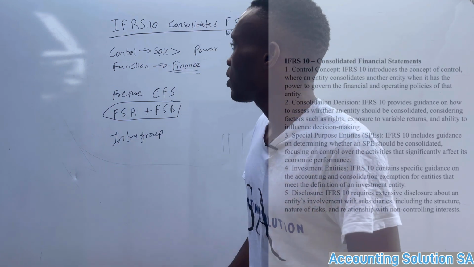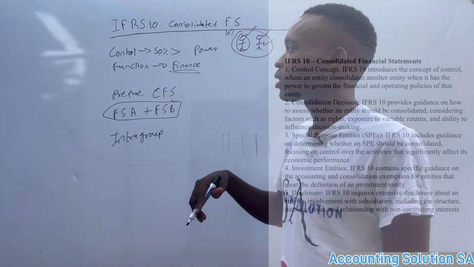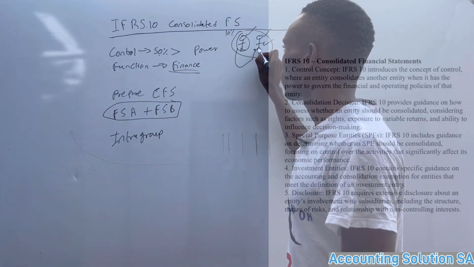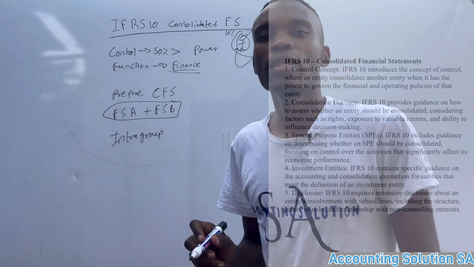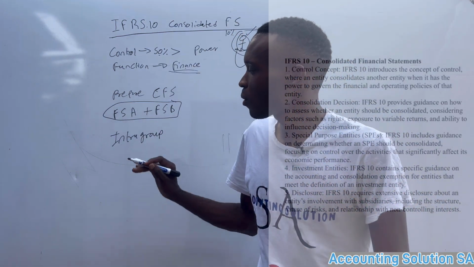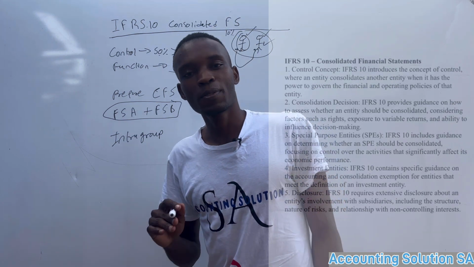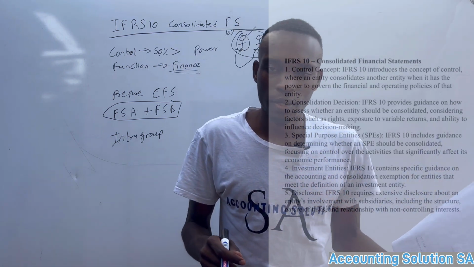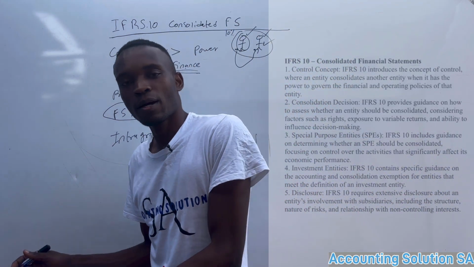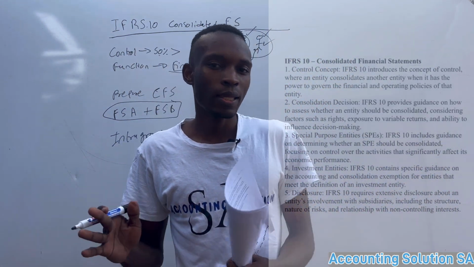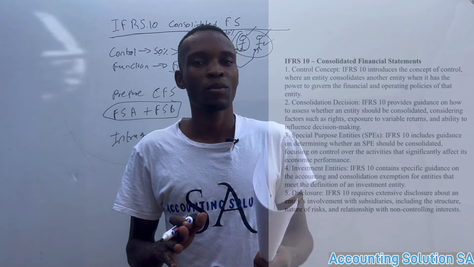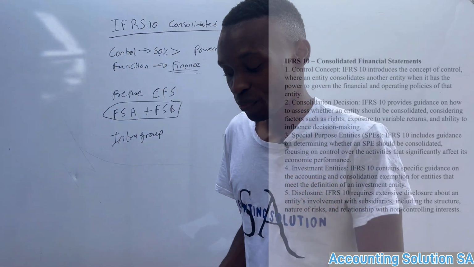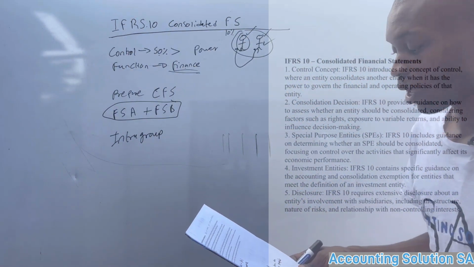You can find that before the combination, we used to sell each other items. When we go to group statements, guys, it's not allowed for you and your business partner to sell to each other and make a profit. I'm going to do an example of what is not allowed.